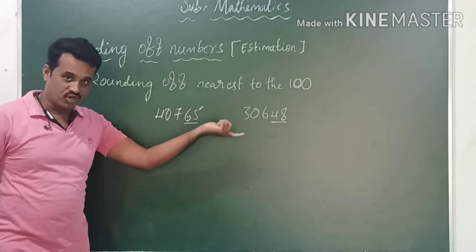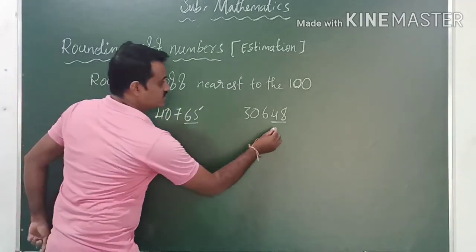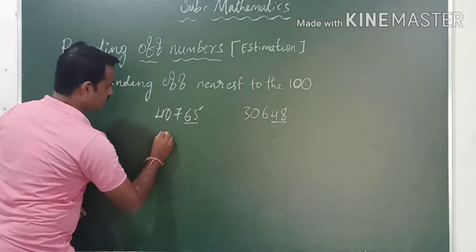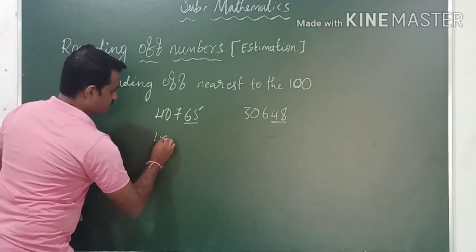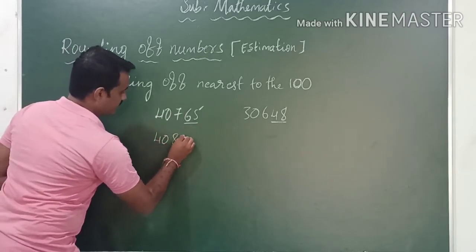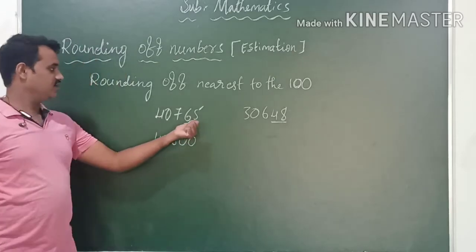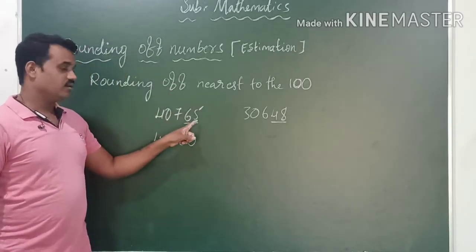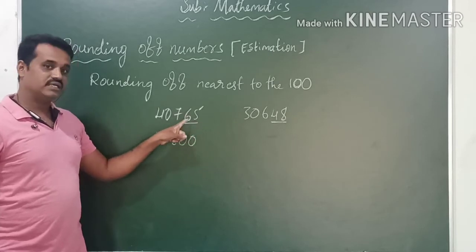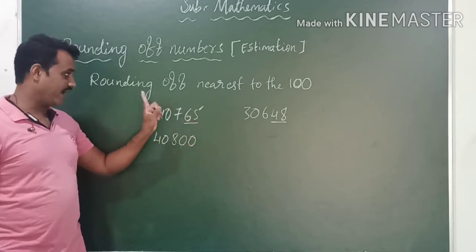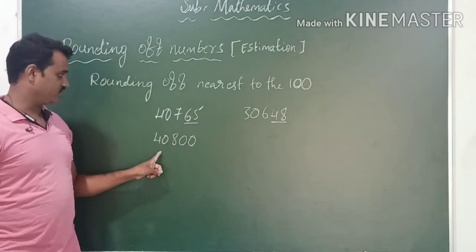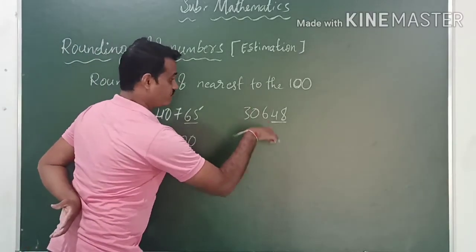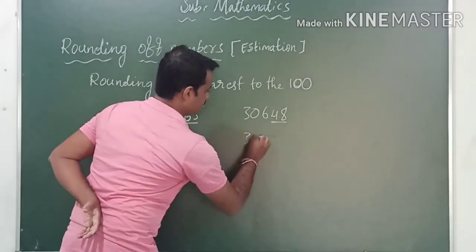This is less than 50. So here 40,800, because when it is 50 or more than 50, the ones and tens place will become 0. Add 1 to the 100 place, then it gives 40,800. Here it is less than 50, so 30,600.